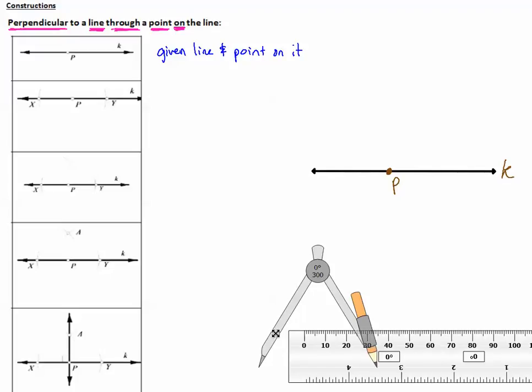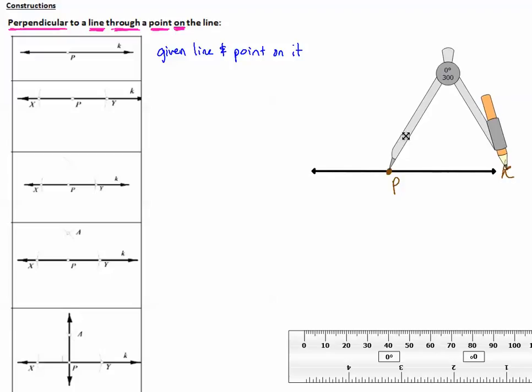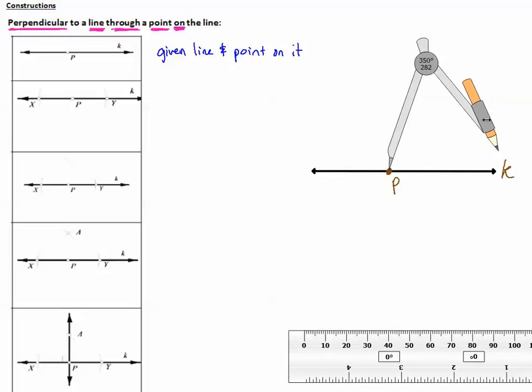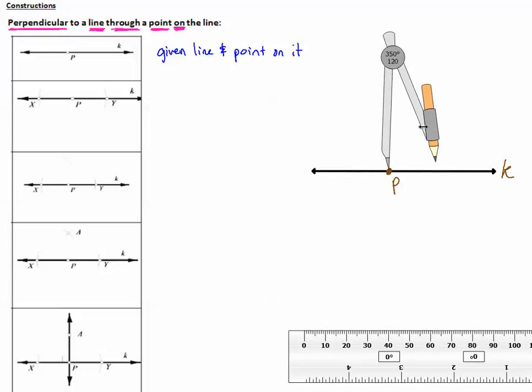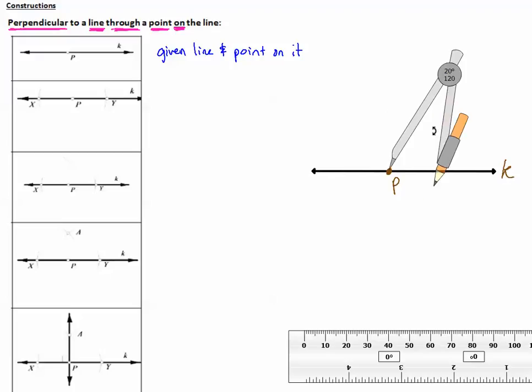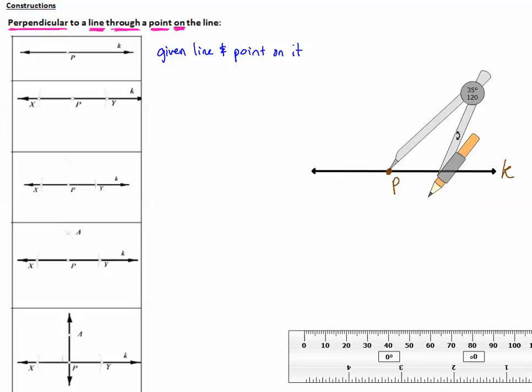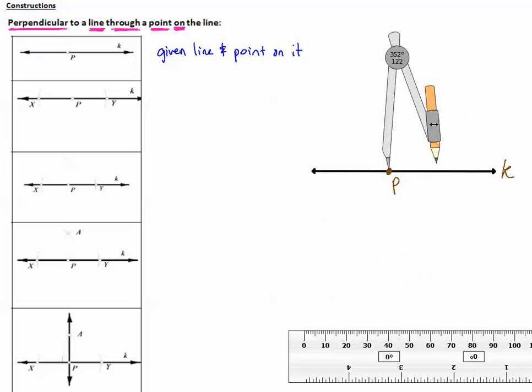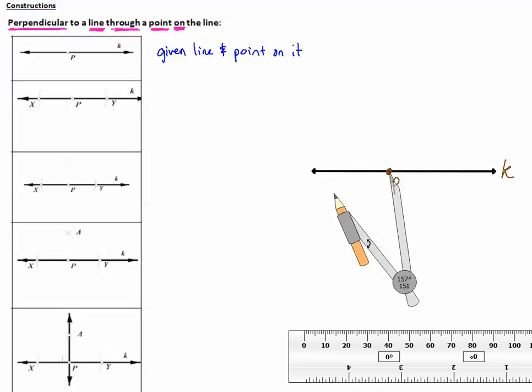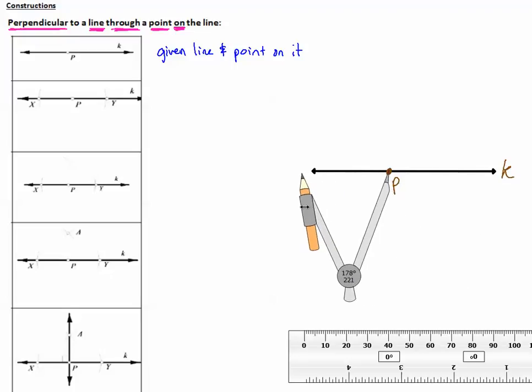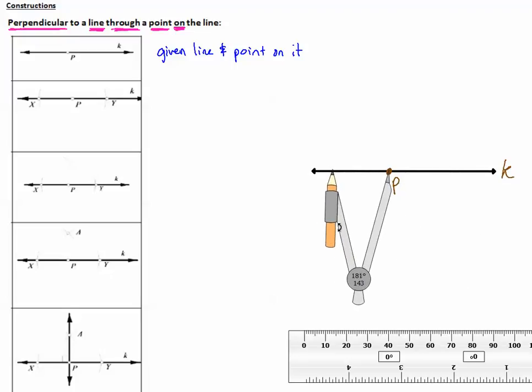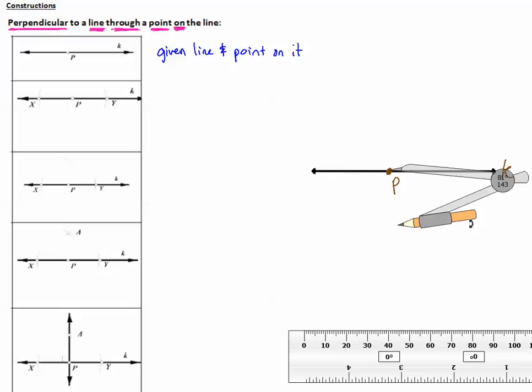First thing to do is create a segment from that line. So we put the center of our compass on that point that we said it had to go through, and we're going to shorten our compass so that we can create a segment from this line. I'm measuring to make sure, without drawing, that my compass is open wide enough, not too wide, but wide enough that it's going to draw and mark off a segment of my line.